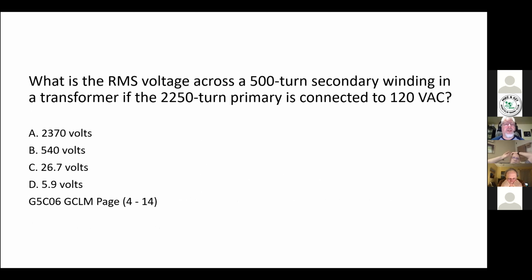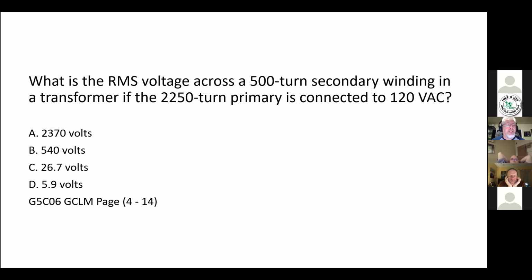What is the RMS voltage across a 500 turn secondary winding in a transformer if the 2250 turn primary is connected to 120 volts AC? A, 2370 volts. B, 540 volts.